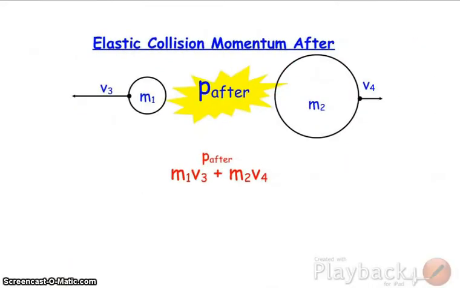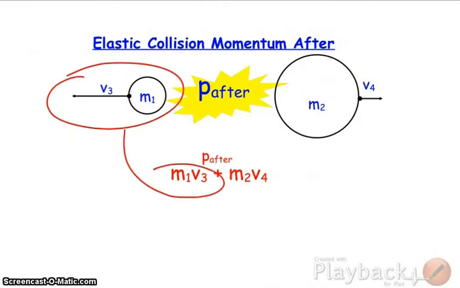Now, after they collide, they bounce apart, and they'll bounce apart at different speeds. Think about pool balls. If you're playing pool, you start with 2 balls, they both have momentum, you strike it with the cue ball, and then they both go off at a different angle. So they have different momentums afterwards.